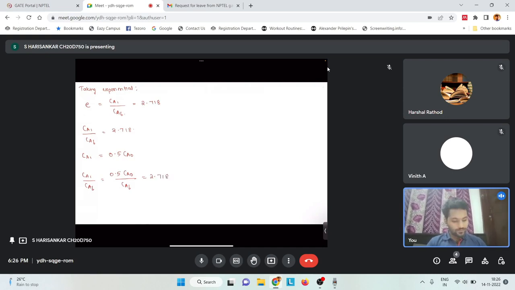So Caf will be 0.5 Ca0 by 2.718, and that will be approximately 0.184 Ca0.